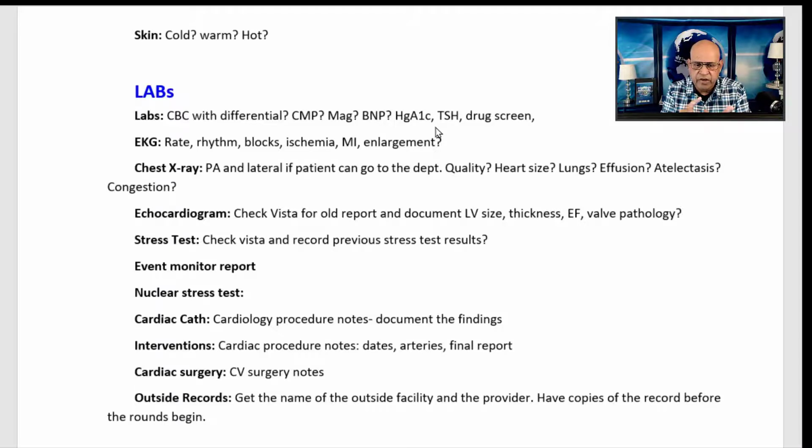It could be a regular treadmill test, a nuclear stress test, a dobutamine stress echocardiography, a PET scan, or an MRA. But anyway, so you get the picture.